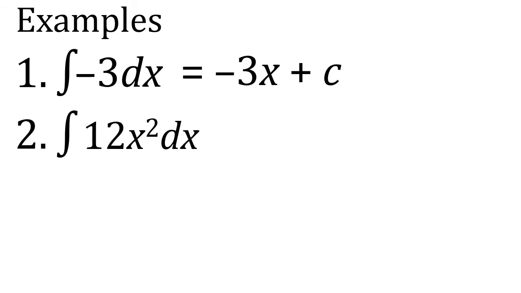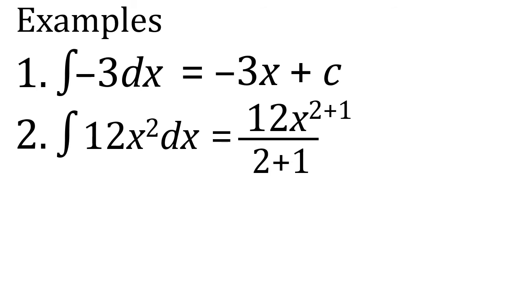Number 2. The integral of 12x squared dx. It will become 12x to the 2 plus 1 over 2 plus 1, plus c. 2 plus 1 is equal to 3.